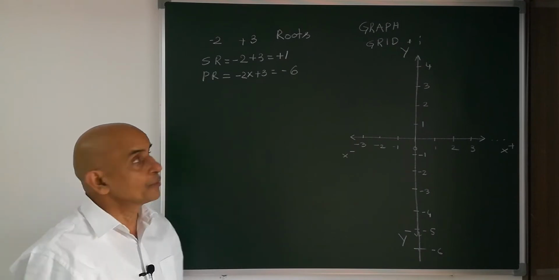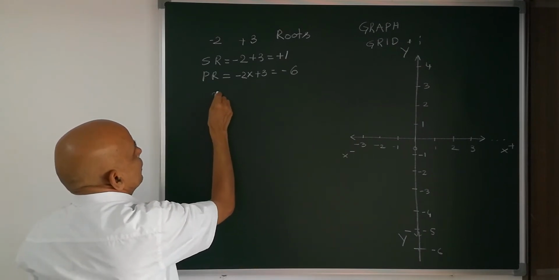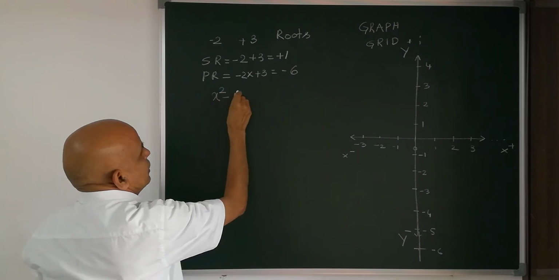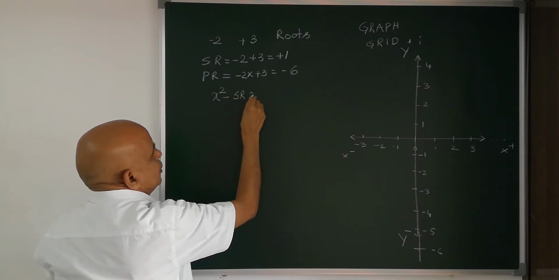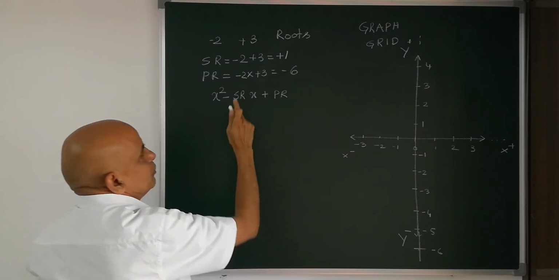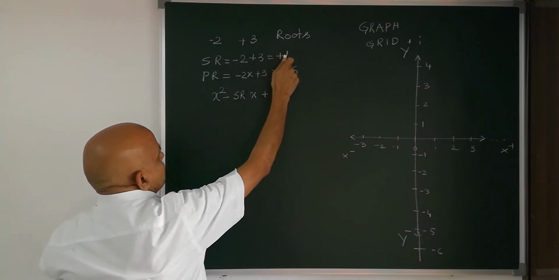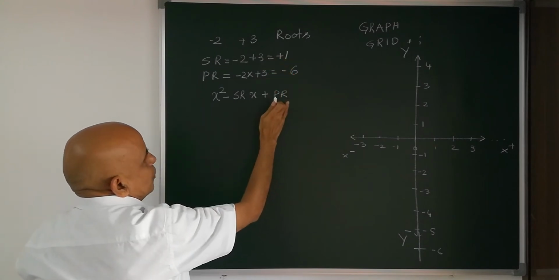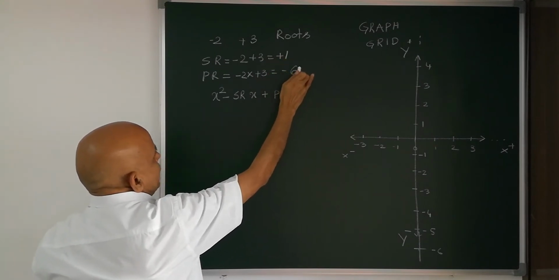Then the quadratic expression is written as x square minus sum of the roots into x plus product of the roots. In place of the sum of the roots, I will substitute 1. In place of the product of roots, I will substitute -6.